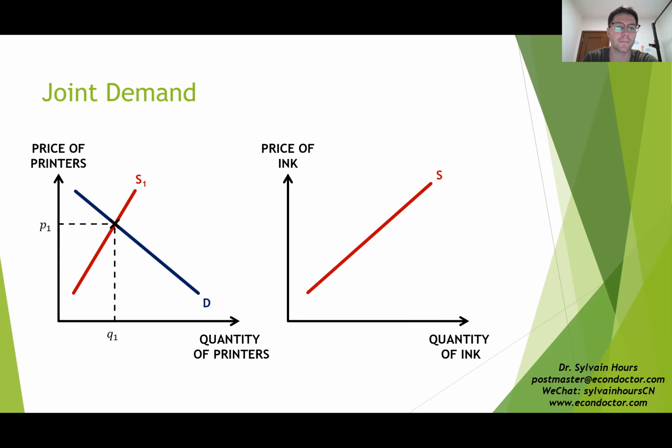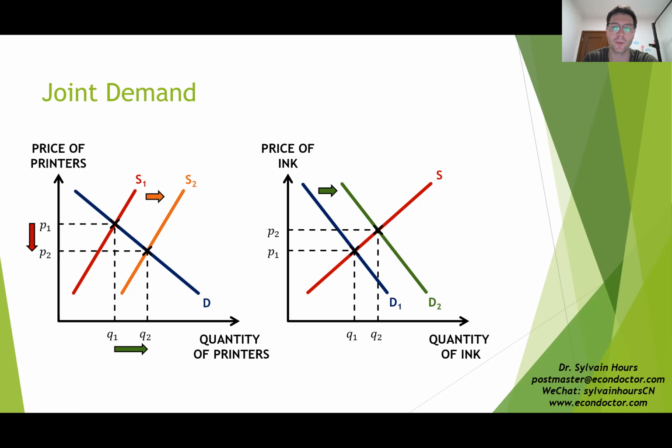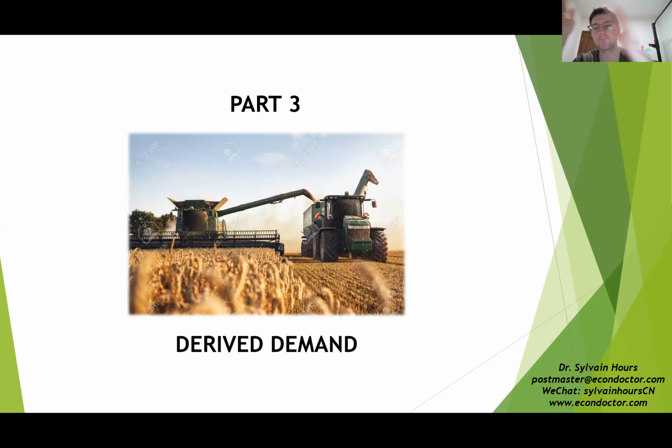And the second pair of diagrams show the other way around: increase in supply of printers, lower price, higher quantity, people buy more printers, and therefore they also need to buy more ink, which is represented by an increase in the demand for ink, leading to an increase in both the equilibrium price and quantity. Okay, pretty easy.